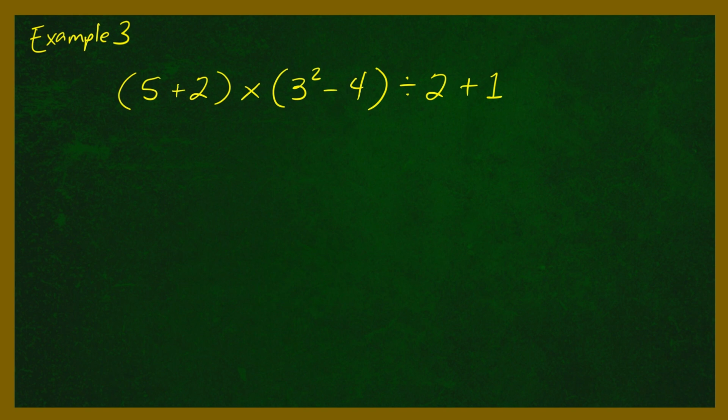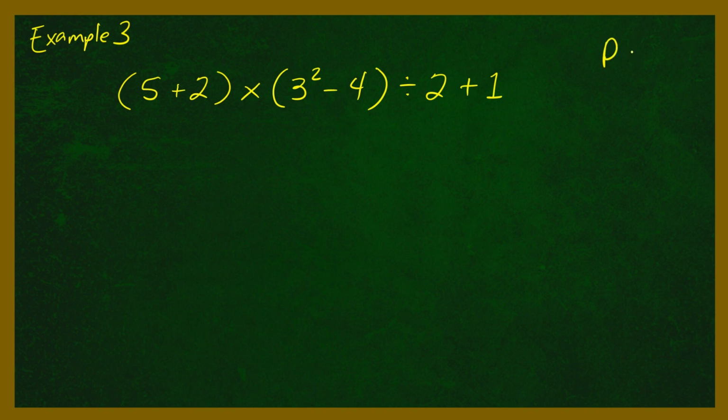Here we have the quantity of 5 plus 2 times the quantity of 3 squared minus 4 divided by 2 plus 1. Okay, we're going to start with our parentheses.